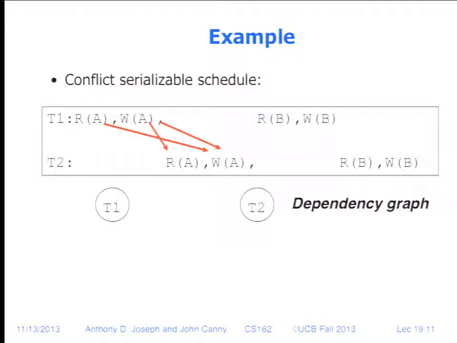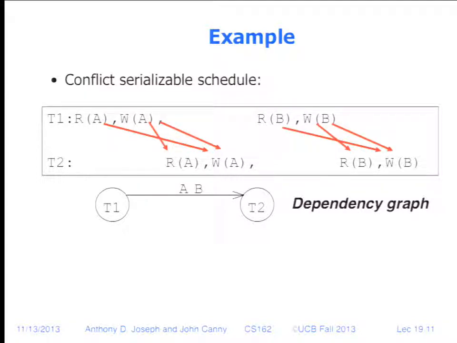The same thing among the B's. So if you recall from the previous slide, we said that whenever we have an operation here that conflicts with an operation later on from the second transaction, then we should draw an arrow from the first transaction to the second one. And we also typically add an annotation saying which particular data item conflicts.